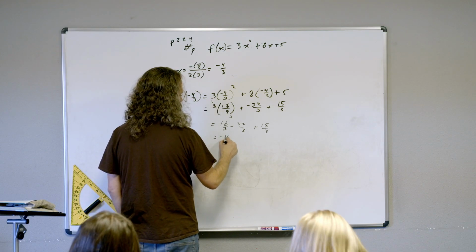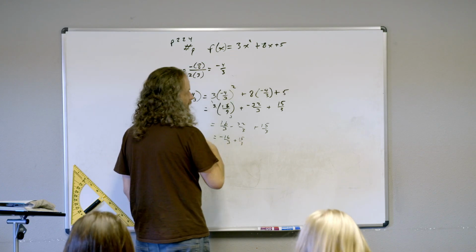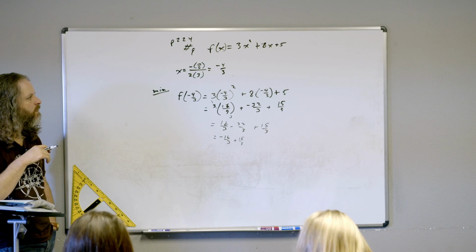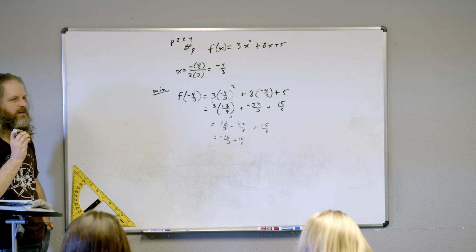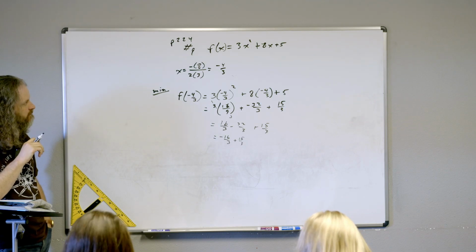So negative 16 thirds plus 15 thirds equals negative 1/3. And then you write the domain and the range and all the things. So probably just an arithmetic error on this particular problem, if you missed it.